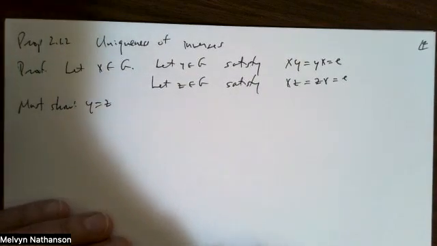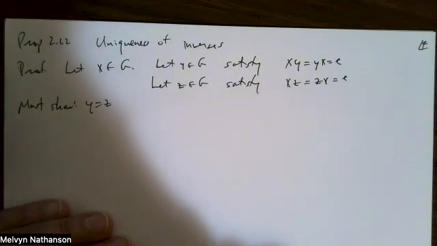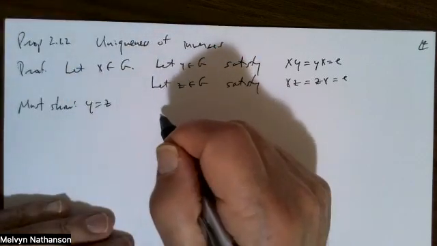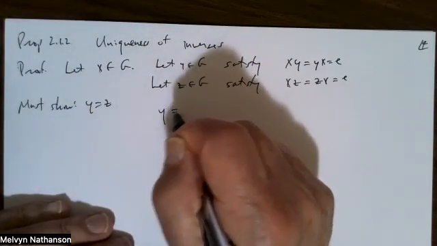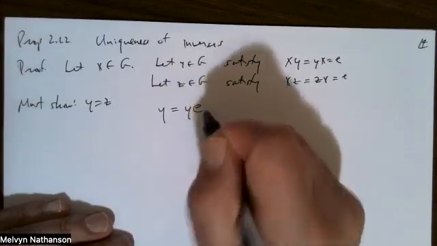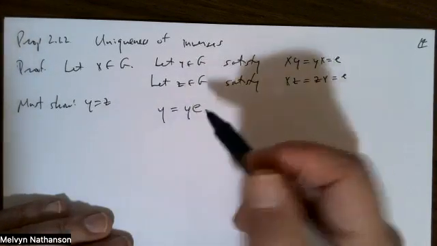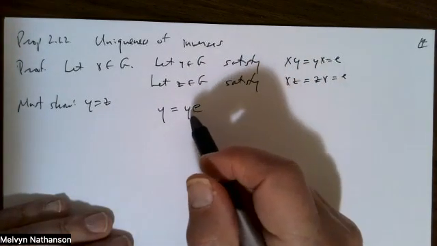So there is a sort of sneaky, clever way to prove this, I think. We can prove it like this. Y is equal to Y times the identity, because that's the definition of the identity.